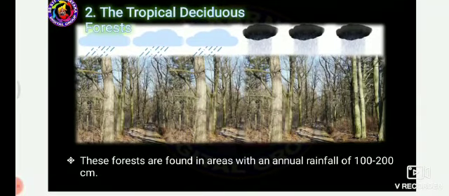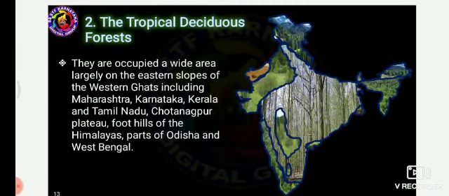Now, tropical deciduous forests. What are the characteristics of tropical deciduous or monsoon forests? Tropical deciduous forests are situated in regions with 100 to 200 centimeters of rainfall. These forests occupy a wide area on the eastern slopes of the Western Ghats, including Kerala, Karnataka, Maharashtra, Tamil Nadu, the Chotanagpur Plateau, foothills of the Himalayas, and the states of West Bengal and Odisha.